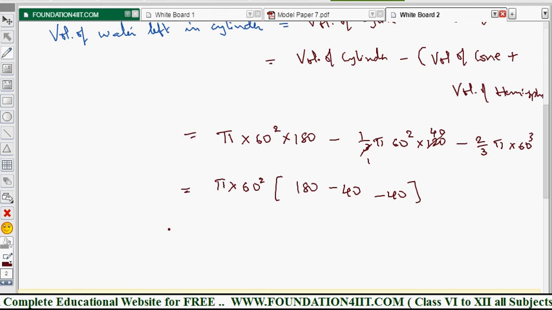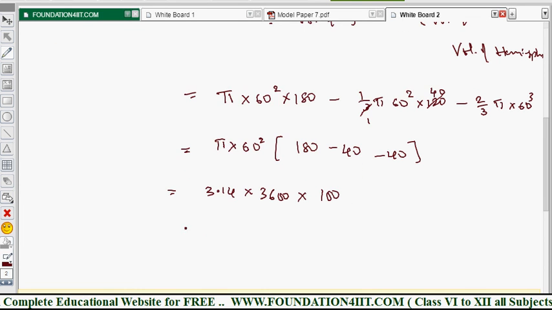So pi value is 3.14 into 60 square, so 3600. From 180 subtract both, so 180 minus 40 minus 40, so that is 100. Simple. Now 3.14 into 100 is 314, into 3600.